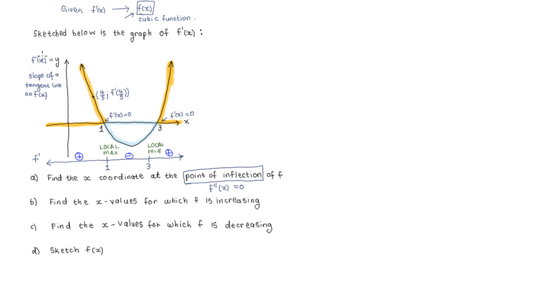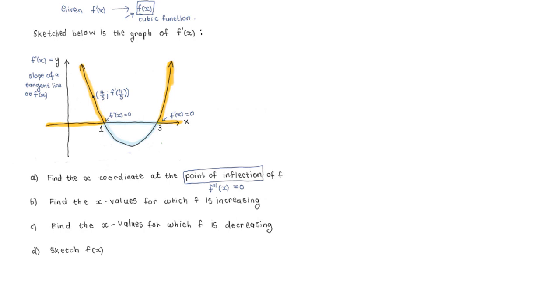So you can sketch that as well, because the second derivative function is doing exactly the same thing as what this f prime of x function is doing. It's recording the slope of the tangent lines along the original function.